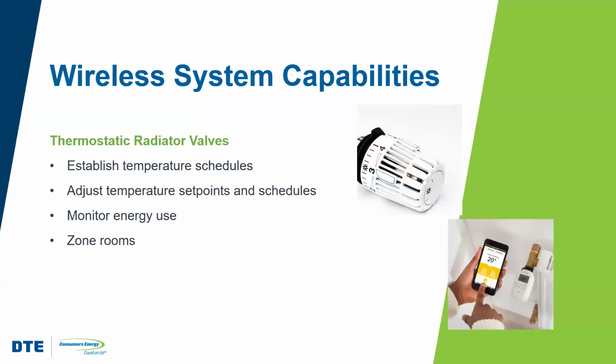So if you've got a boiler, you can have thermostatic radiator valves that can be modulated to decrease or increase the amount of heat output. These also can be tied to smartphones for monitoring energy use, tracking, and data viewing. And you can even zone these systems as well, so again, having various temperatures in different spaces throughout the home.